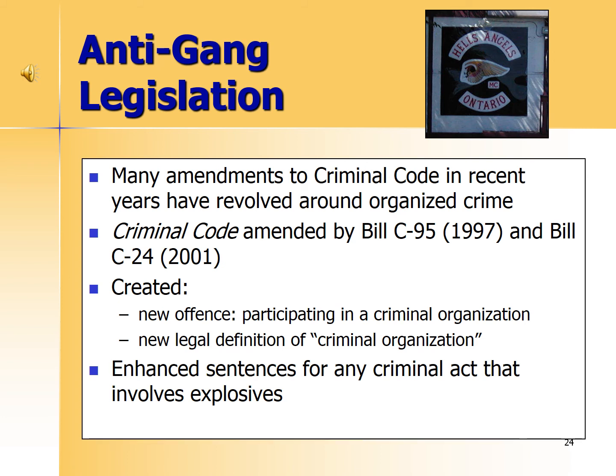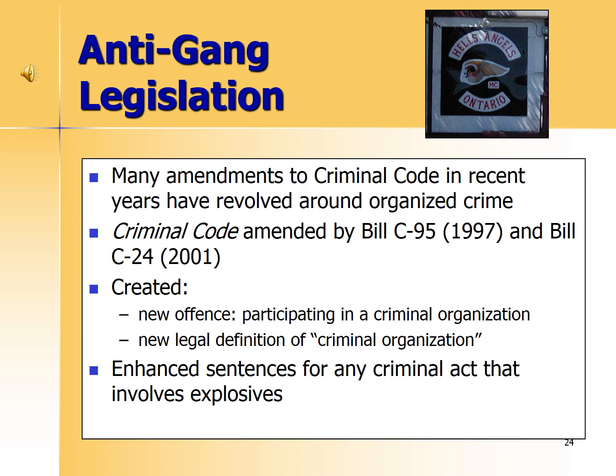In this case, it was a very bloody biker war that forced the federal government's hand, to create offenses that would hope to deter criminals from committing these offenses, but at least would increase the penalties for any offenses committed in the context of organized crime.